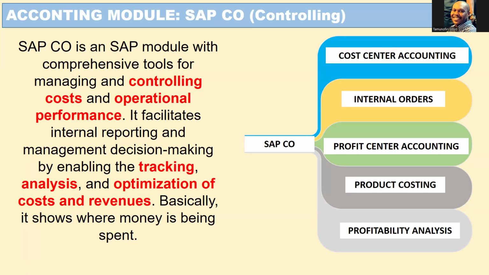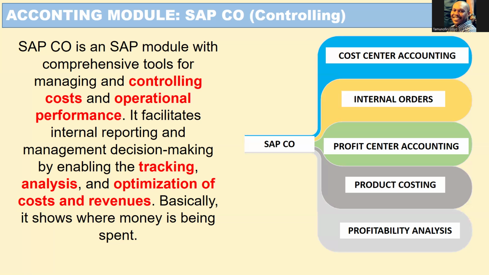We are going to go straight into SAP CO. As I said earlier, if we want to know more of SAP FI, you can always contact us, and we will assign a consultant to you who will train you more on the accounting SAP FI model.